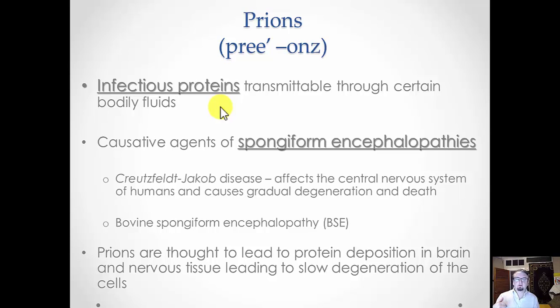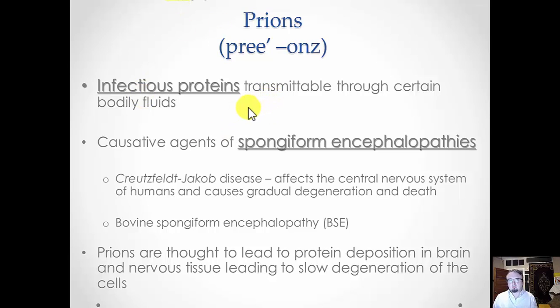So when you're exposed to one of these prions, what happens is they slowly convert normal proteins into more infectious prions, which not only stop working and shut down the normal nerve cell function, but then go on to affect more proteins and slowly cause more dysfunction of your nervous system.